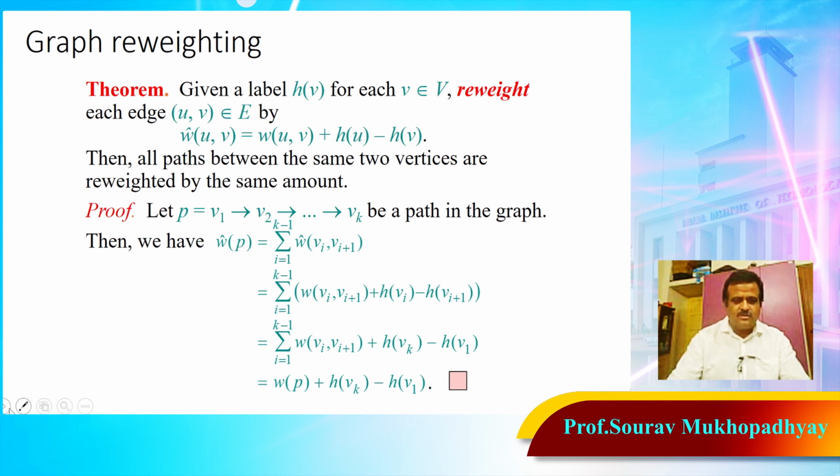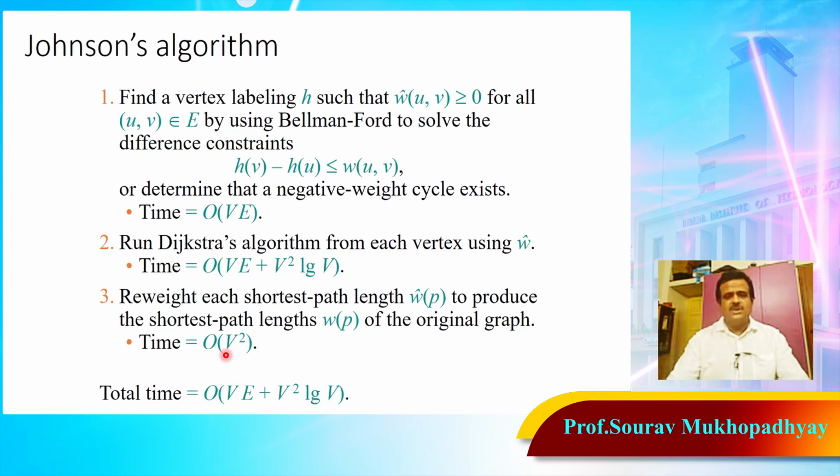So this also we have to do, and that will cost us order of V square time. So the total cost is dominated by running Dijkstra's V times. This is called Johnson algorithm, where the idea is to use Dijkstra's algorithm, which is better than Bellman-Ford.